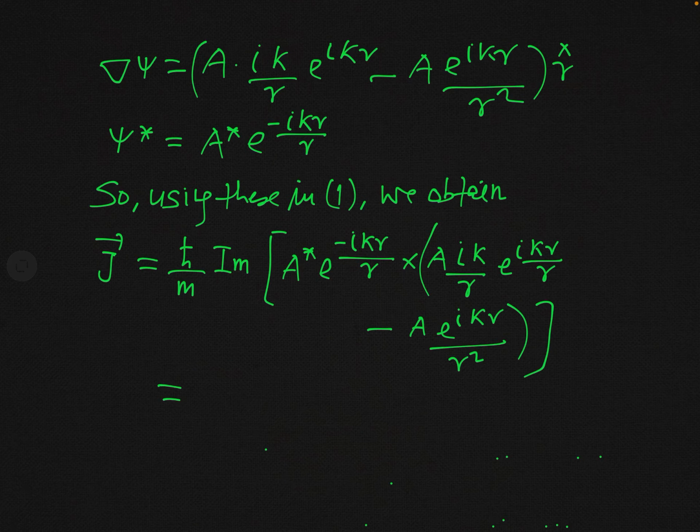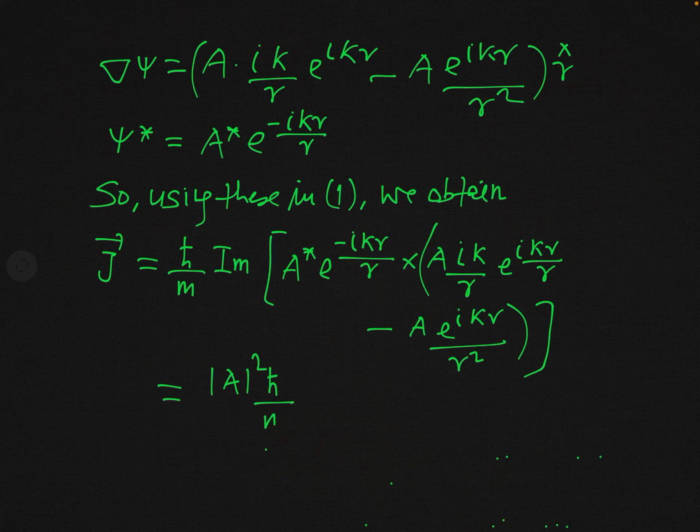And so you can see from here that the product of A star and A, in fact A will be common here, and the product of A star with A can be written as mod of A square.